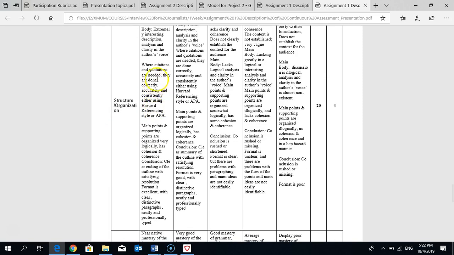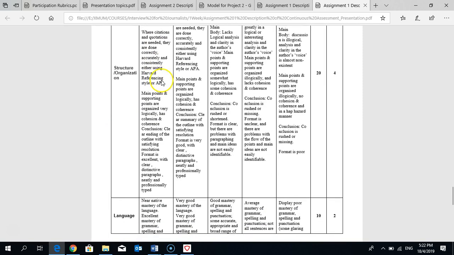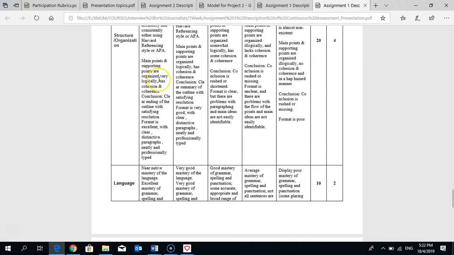So their citations, quotations are done correctly, accurately, and consistently. It says using Harvard referencing style or APA. Main points. I don't know, maybe when they first made this, they actually did have it. It sounds so much like they expect a written report, but we don't.